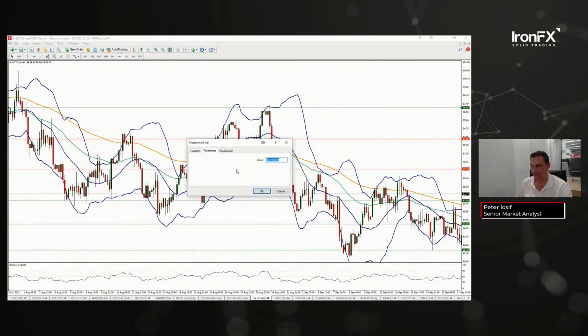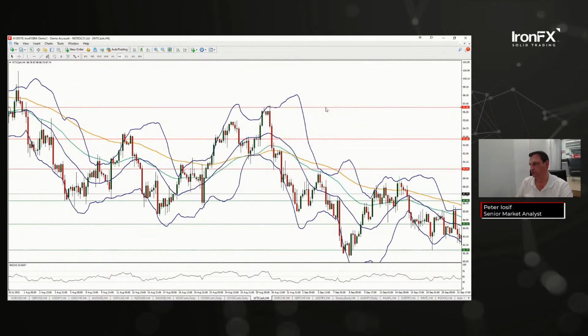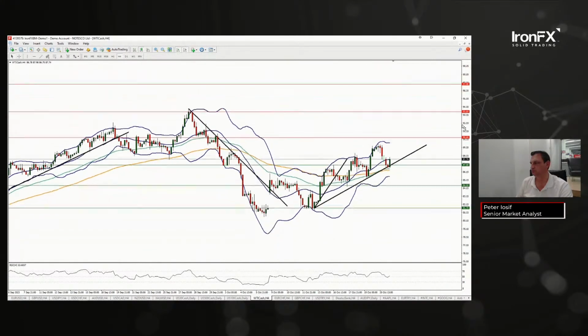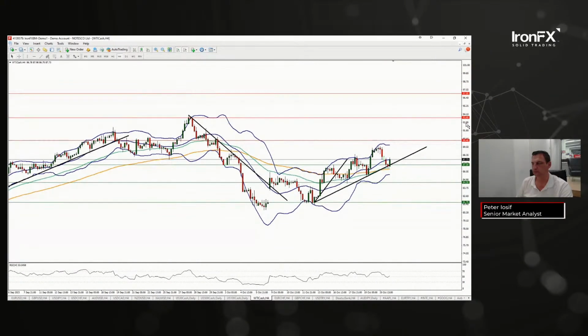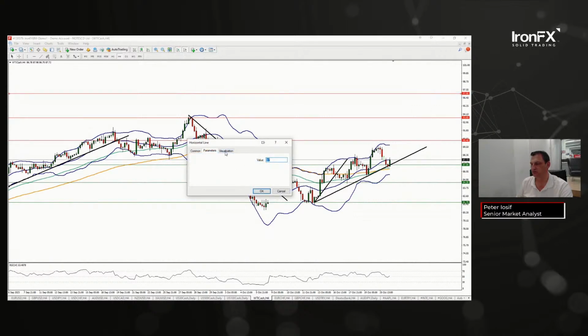In red, 97. Resistance line. Readjusting the chart. Let's make the resistance support lines a little bit more intense so we have a better visualization.